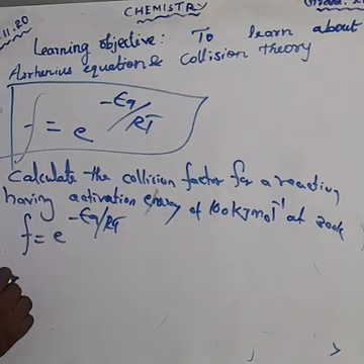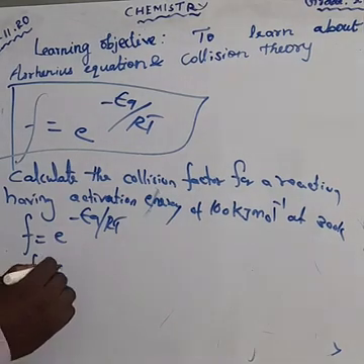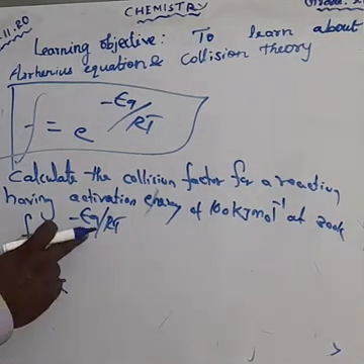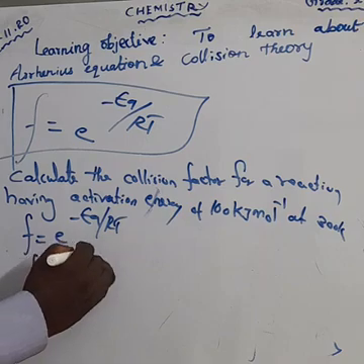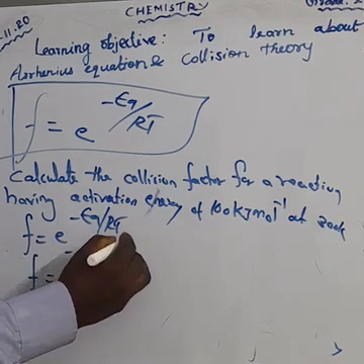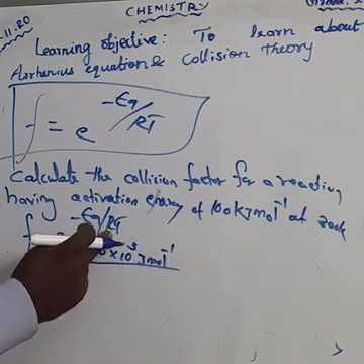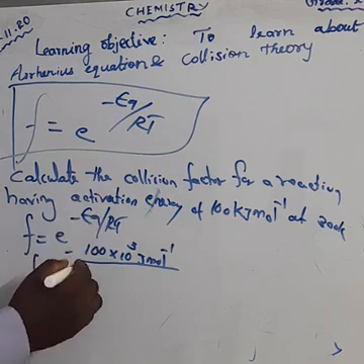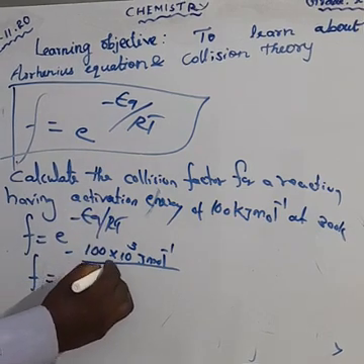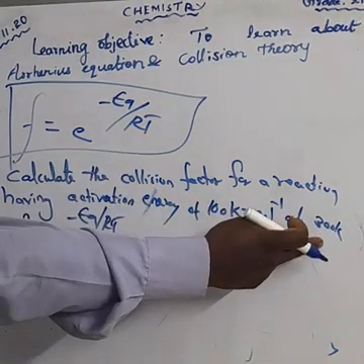We substitute: F is equal to e power minus 100 into 10 raised to 3 joules mole inverse divided by R, the gas constant, 8.314 joules Kelvin inverse mole inverse, and the temperature is 300 Kelvin.